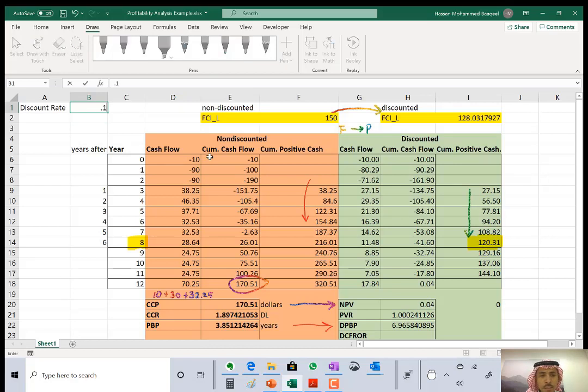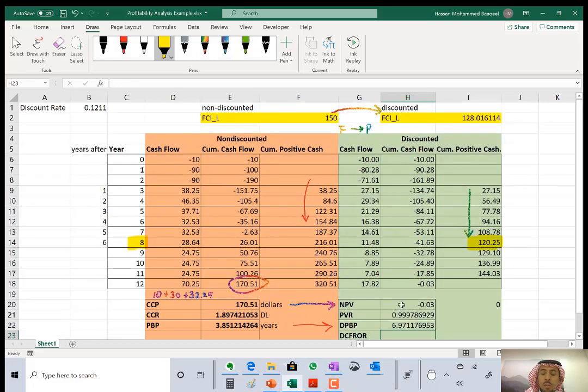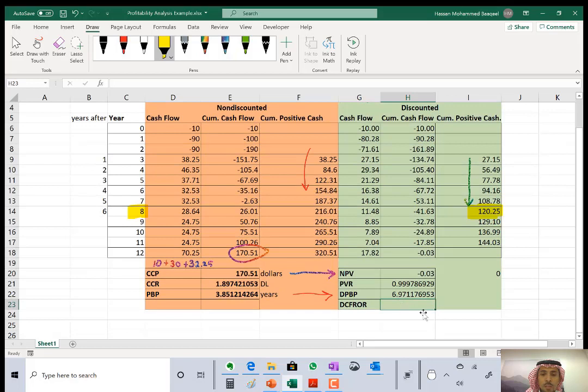But if I want to be paranoid, I will try 1.12. That's on the negative side, so 0.111 maybe. Yeah, that's good. So your discounted rate of return is equal to 12.1%.